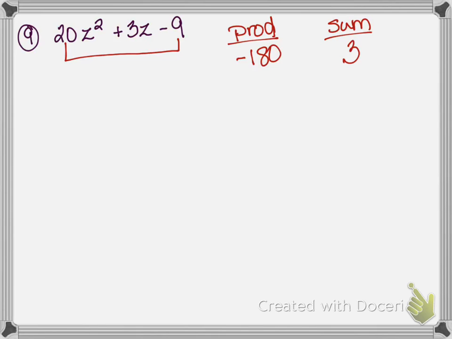I have a negative product and a positive sum. So I am going to have one positive number and one negative number. Which one's going to be positive?